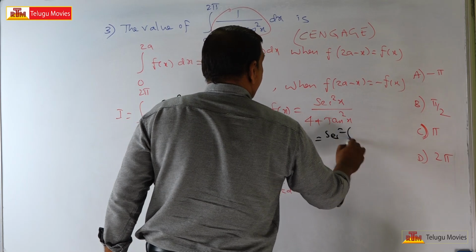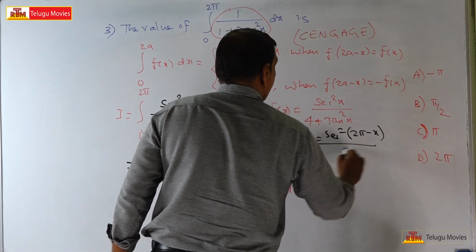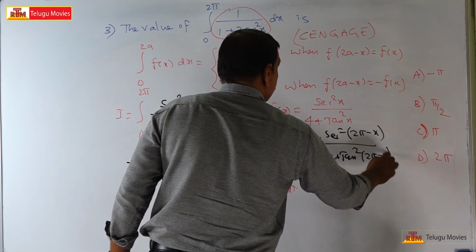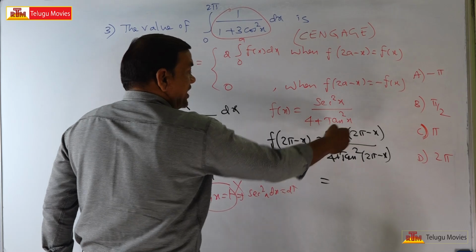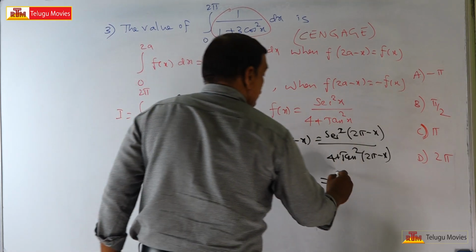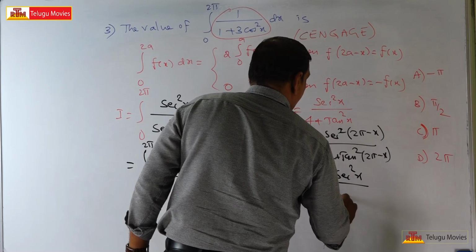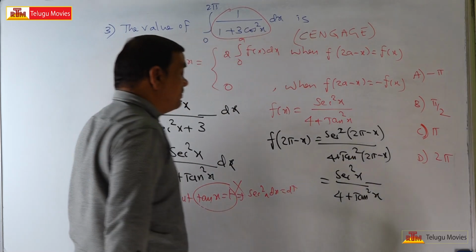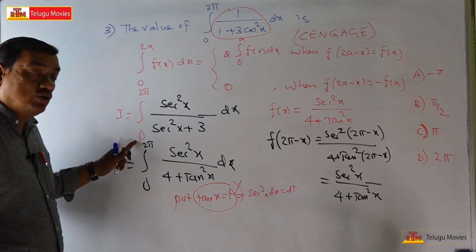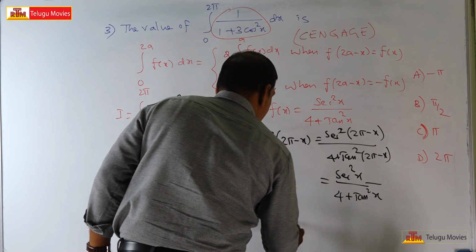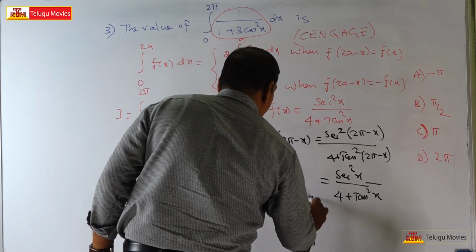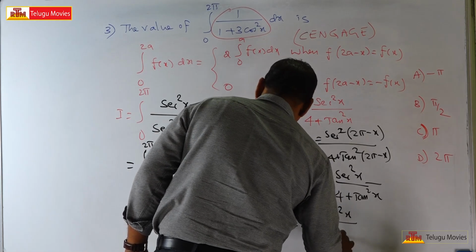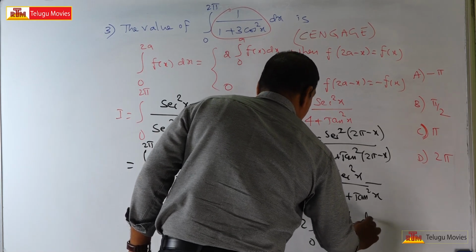This is secant square of 2 pi minus x by 4 plus tan square of 2 pi minus x. Even if you get a negative here, since the square is there, you will get positive. So that is secant square x by 4 plus tan square x. That means you can break this interval 0 to 2 pi as 2 times the integral from 0 to pi of secant square x by 4 plus tan square x dx.